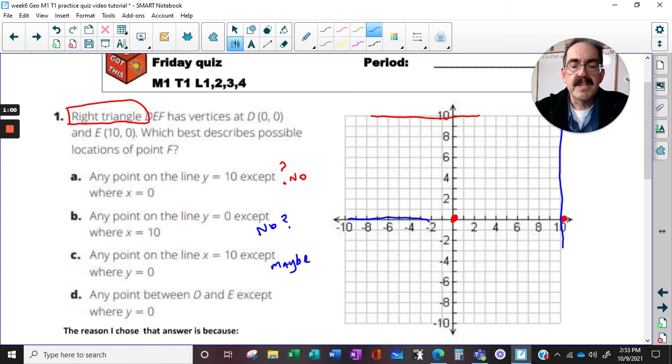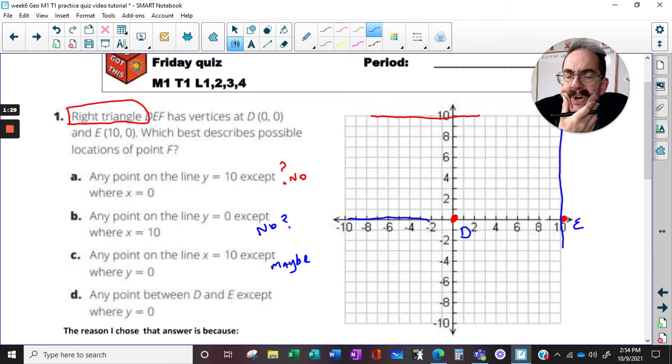Any point between D and E. So this is point D, this is point E, except at y equals 0. Any point between D and E, a right triangle has vertices.